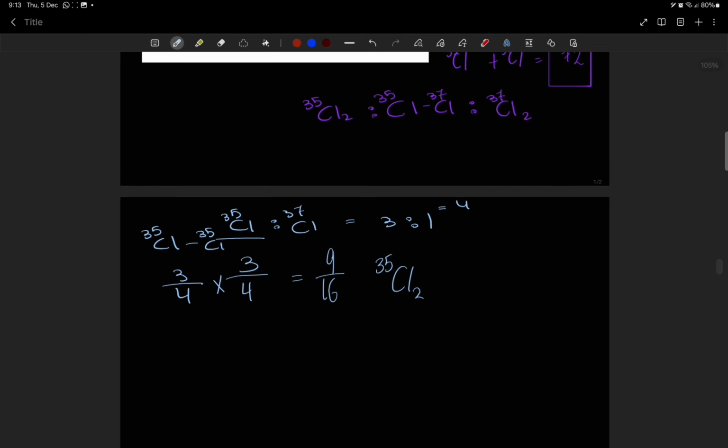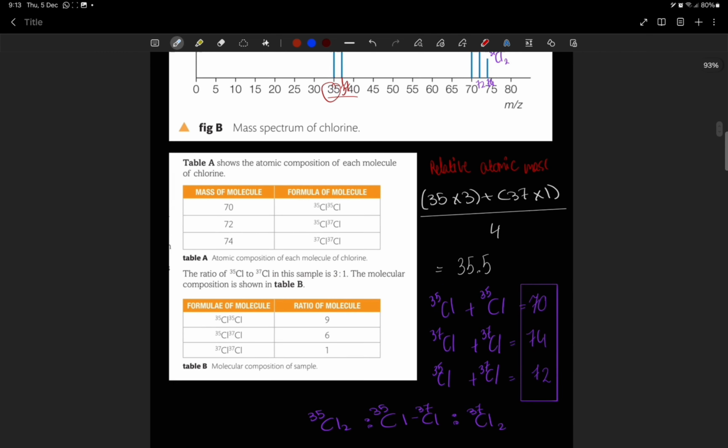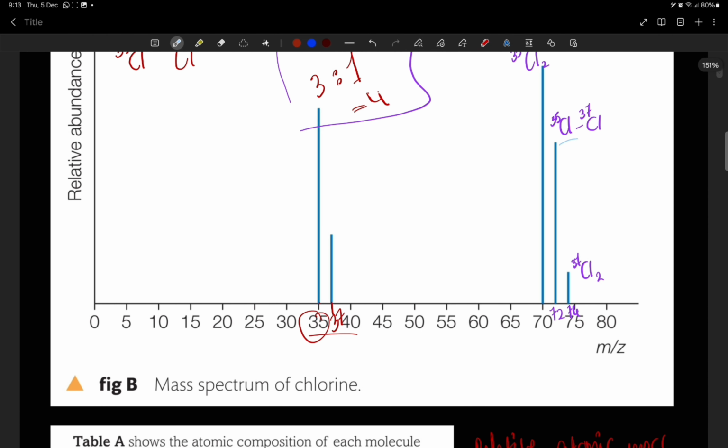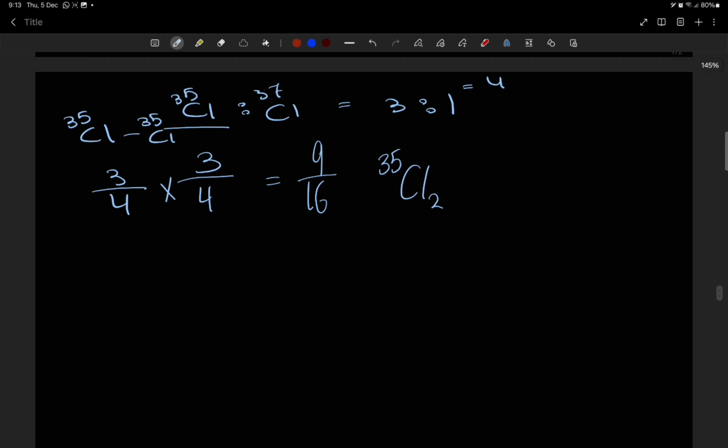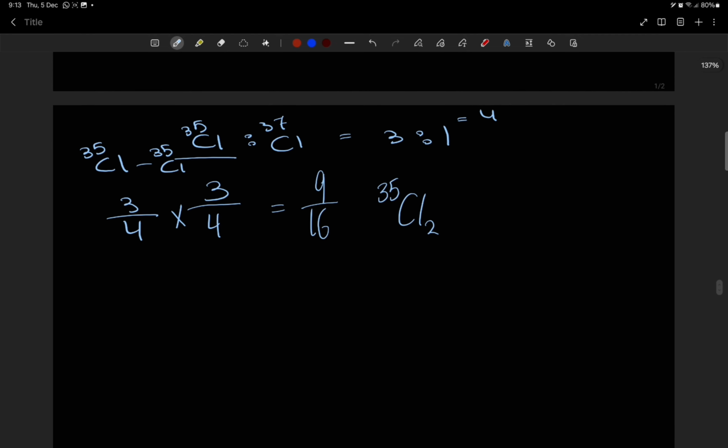I said that my second peak is a combination of both, one 35 and one 37. How do I find the chances of getting this combination? I do the chance of getting one chlorine-35 with the chance of finding one chlorine-37, and I said that the ratio is 3 to 1. The chance of finding a Cl-35 atom is 3 out of 4 times.